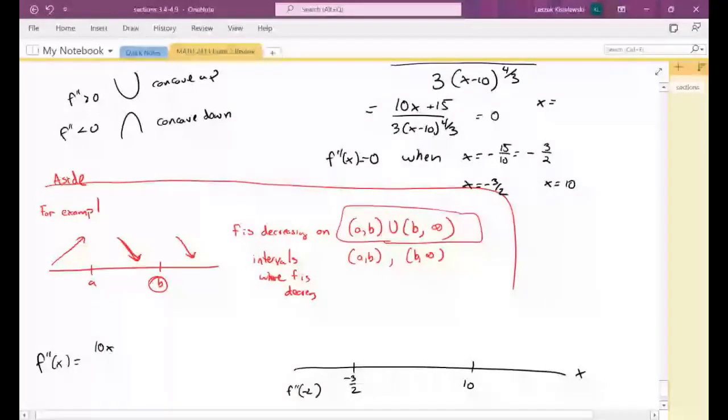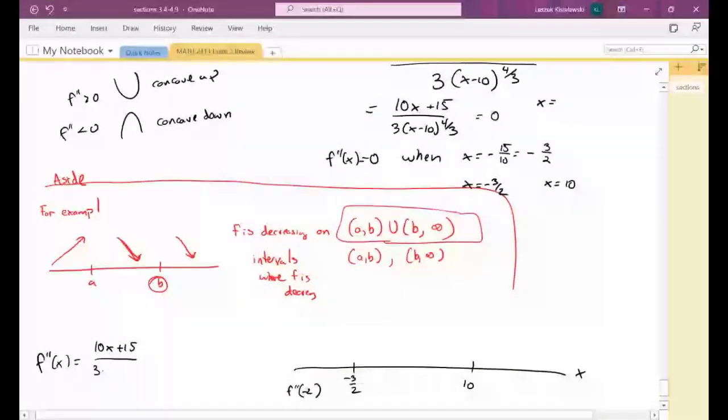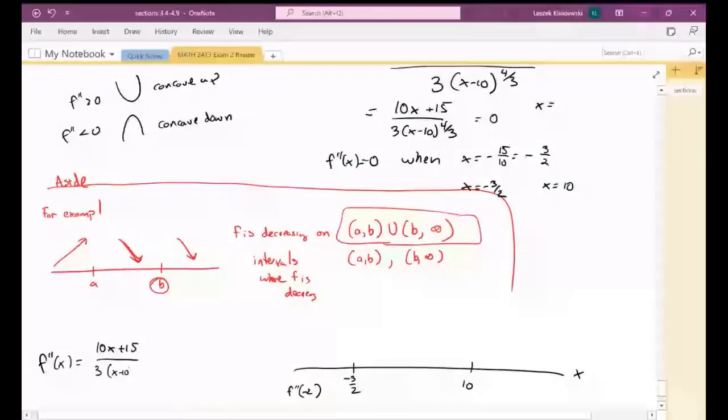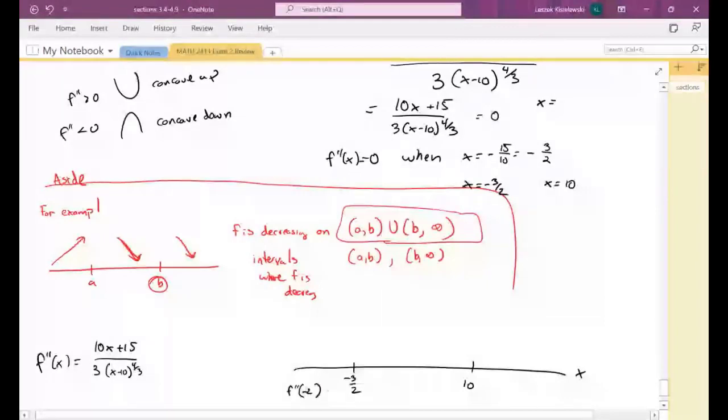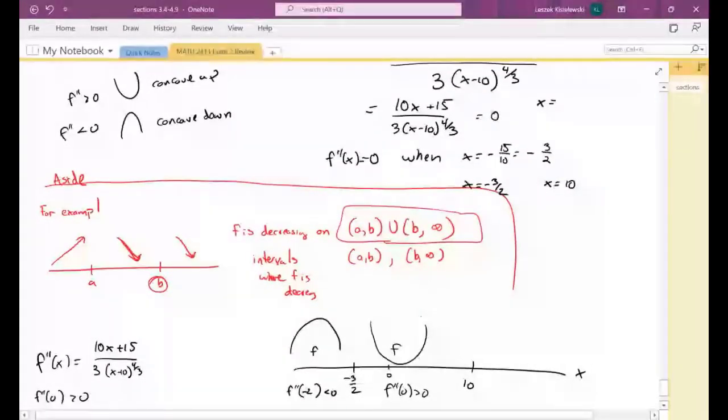It's always going to be positive, because it's something raised to the power 4. So only the numerator will determine the sign. So f must be concave down; the second derivative is negative. A number between a negative and a positive, so 0 is good. That's going to be positive. And greater than 10, it's still positive.